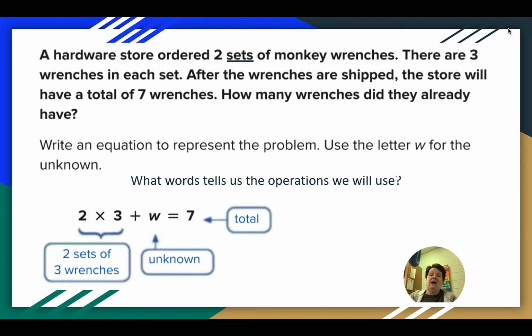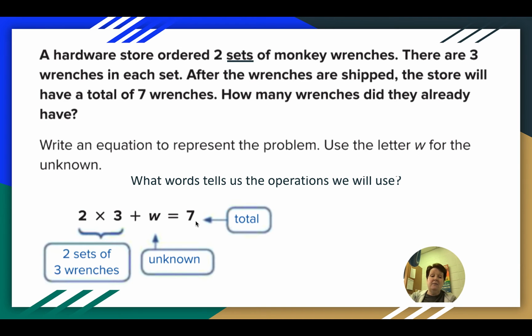Then we have to figure out how many wrenches did they already have. So the operation that we're going to use first is multiplication for 2 sets of 3 wrenches, and then we're going to use the plus, addition, to figure out what W stands for, because 2 times 3 plus W equals 7.